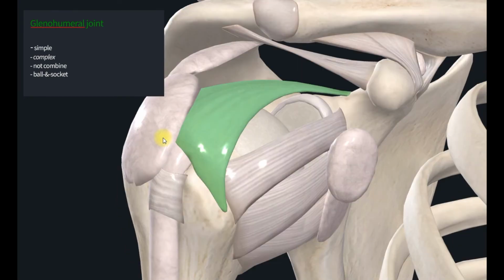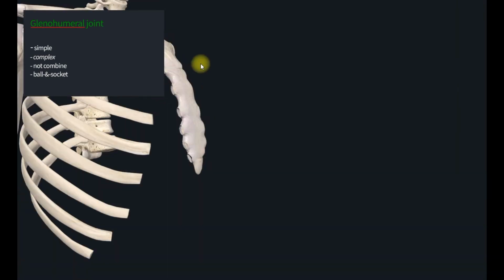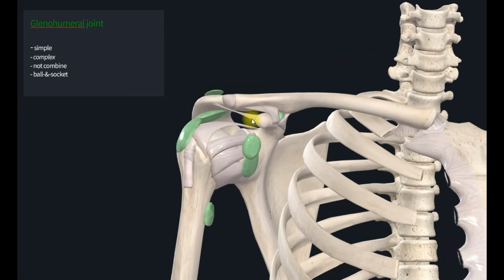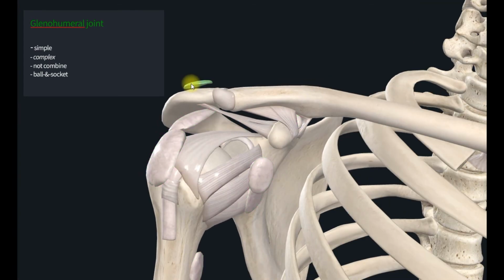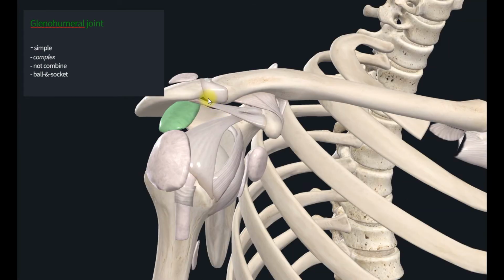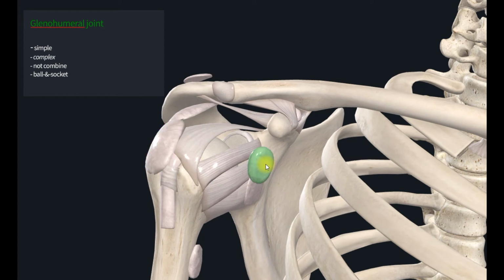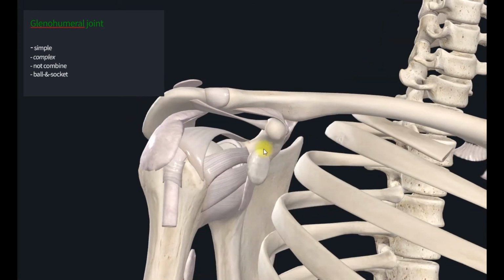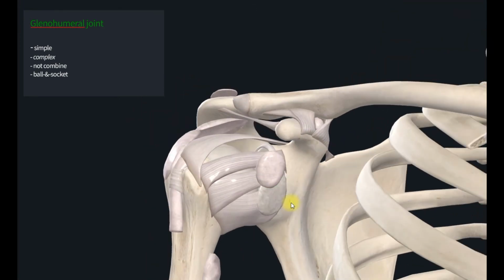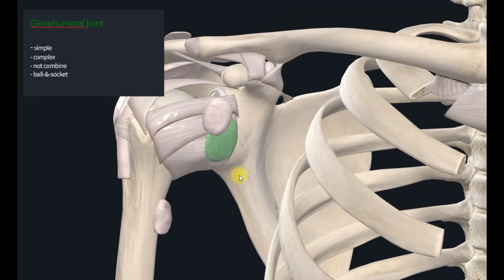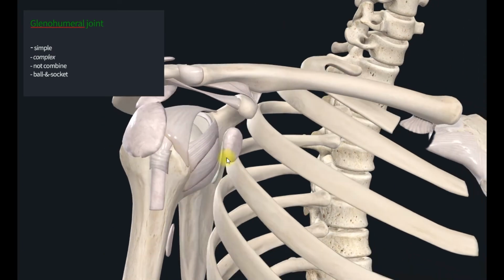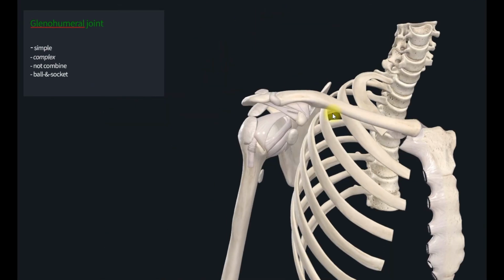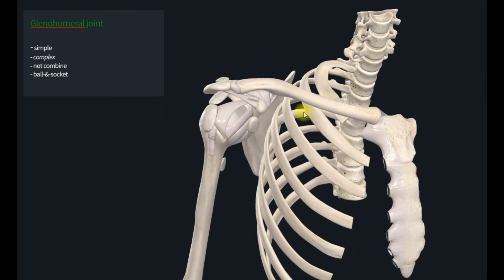Also, this joint has a lot of bursas surrounding it, for example the supraacromial, subdeltoid, anterior coracobrachial bursa, and the subtendinous bursa of the subscapular muscle, etc. The bursas of the upper limb are sac-like structures with an inner synovial membrane that produces a thin film of synovial fluid.